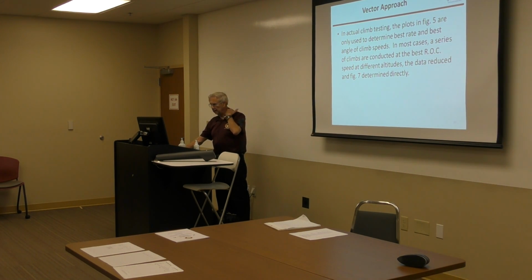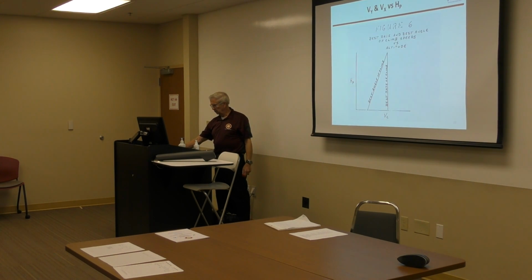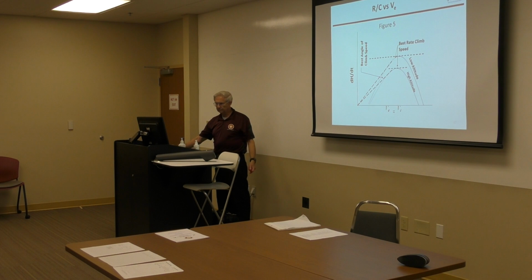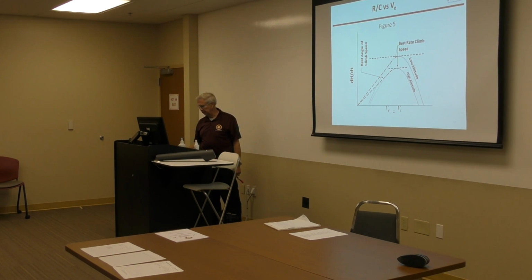Well, generally in climb testing, the plots that I showed you are primarily to determine the best rate of climb and best angle of climb speed. That's what we use them for. We don't try to determine the rate of climb for certification purposes using those.